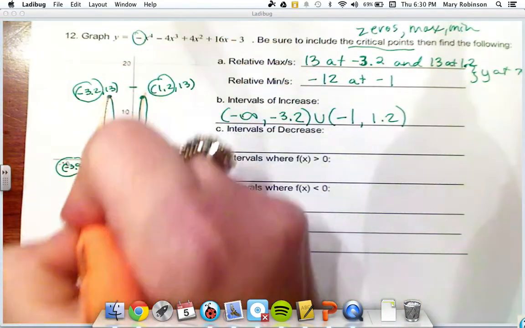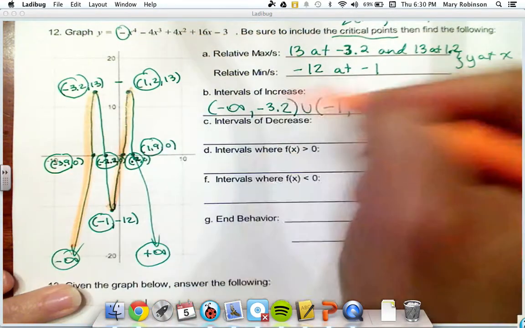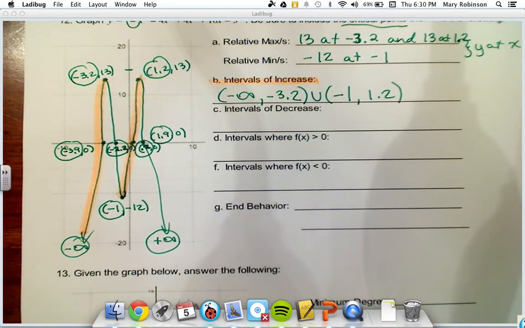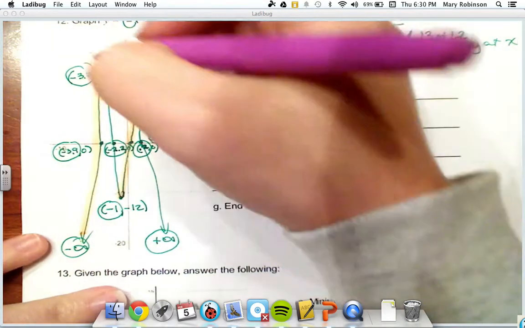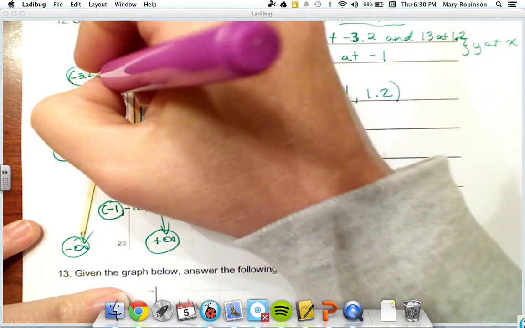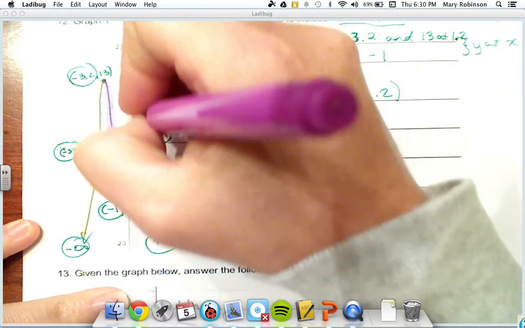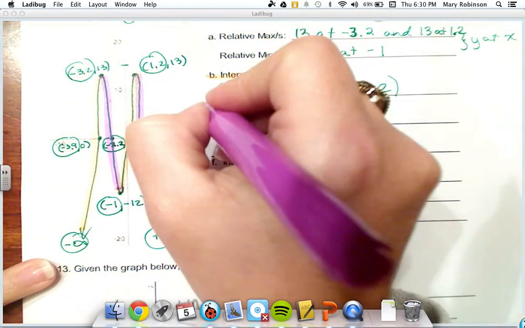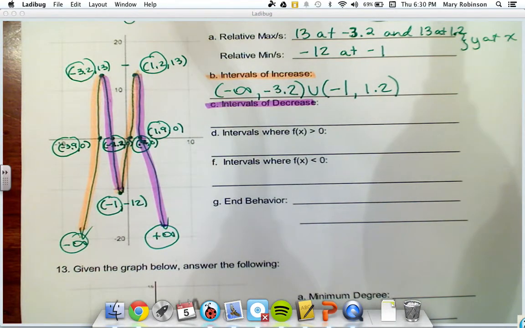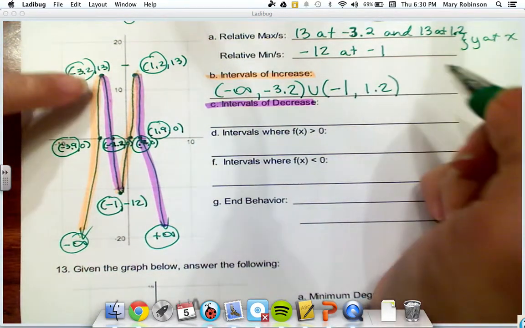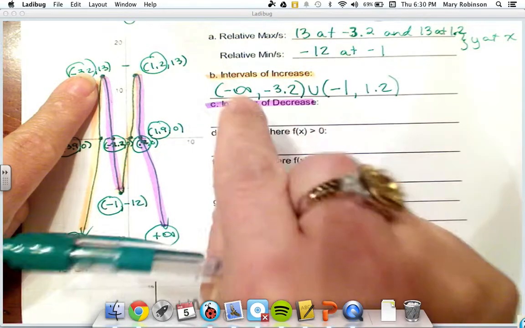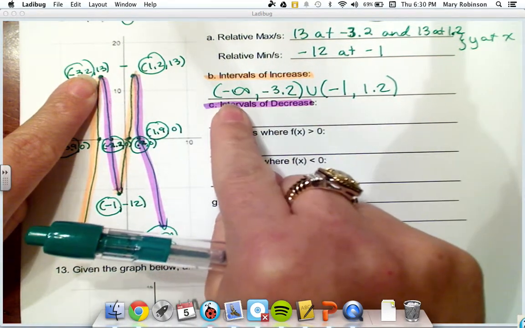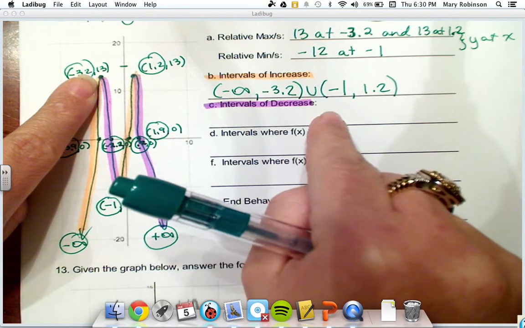So to help make it clear, I'm going to highlight these increasing areas and highlight intervals of increase so you'll know what that matches up to. For intervals of decrease, it goes down from left to right, from here to here, and then down from here to infinity. So I'm going to highlight that purple and write our interval. So again, always starting with the leftmost point. One thing you might want to evaluate is always make sure that for every interval, the smallest number is on the left and the larger number is on the right.